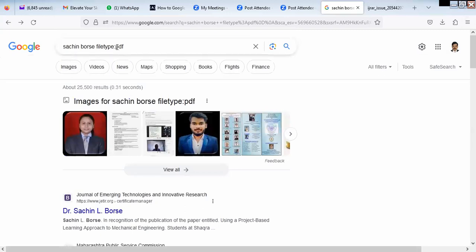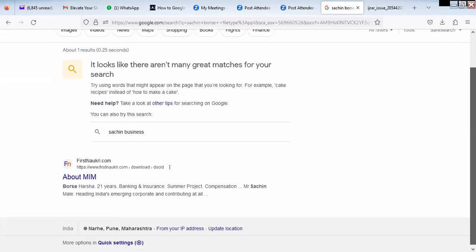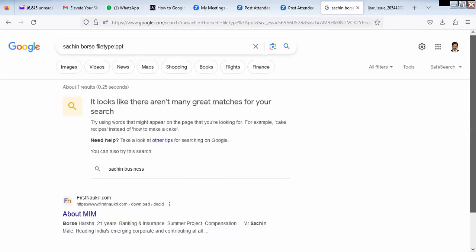This way, like I will say now filetype PPT. Now it is saying not many matches are there for PPT.